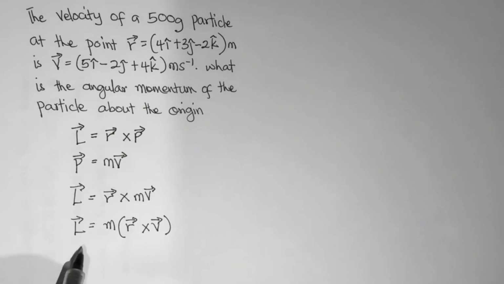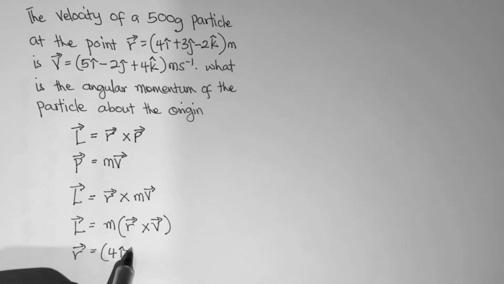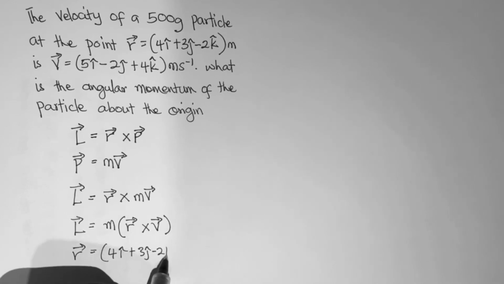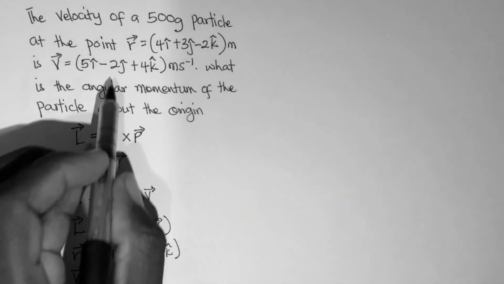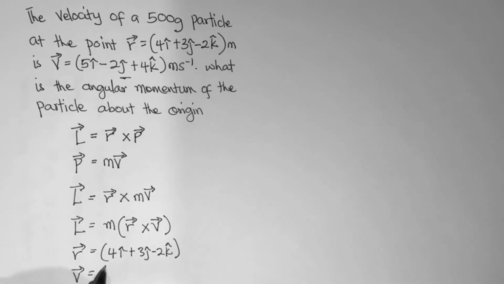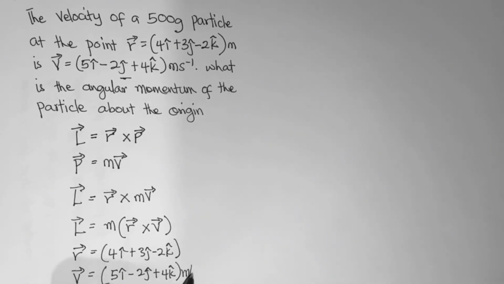Now, from the question, we're given the displacement vector as, in brackets, 4i plus 3j minus 2k, and we're also given the velocity vector, in brackets, 5i minus 2j plus 4k meters per second.